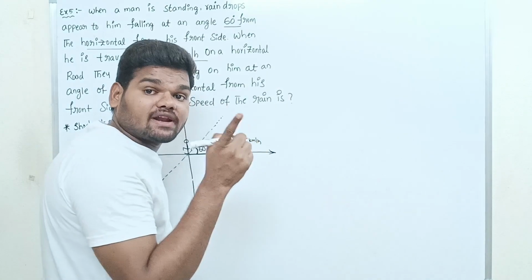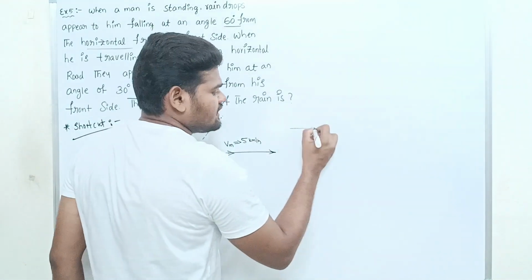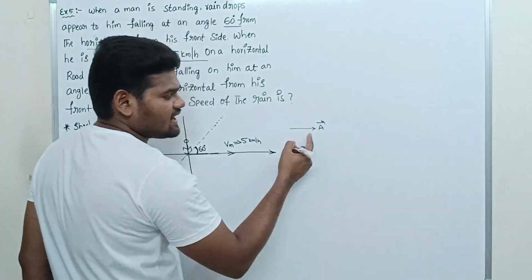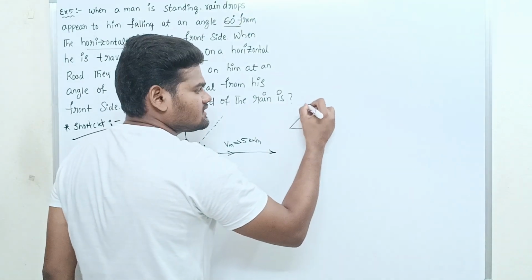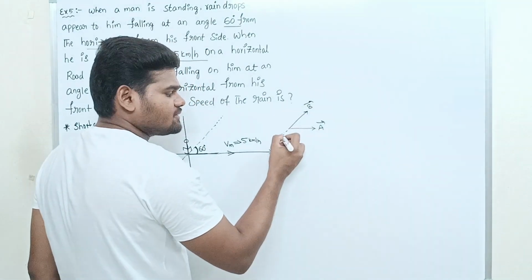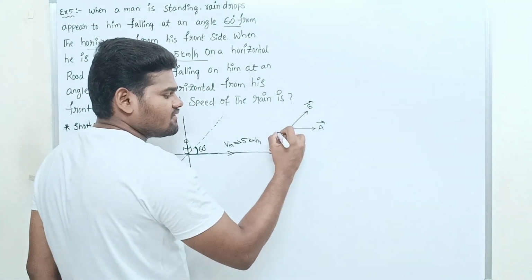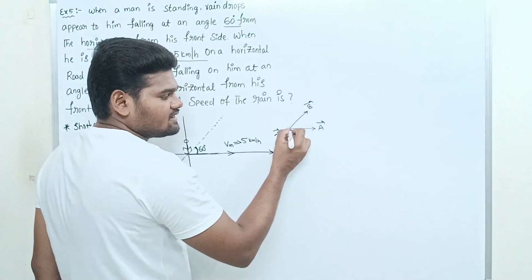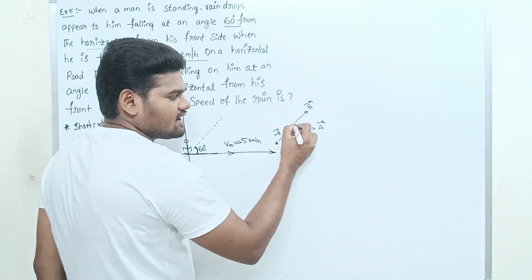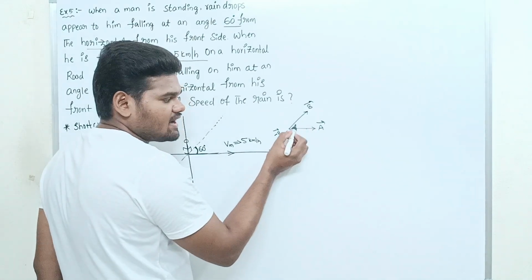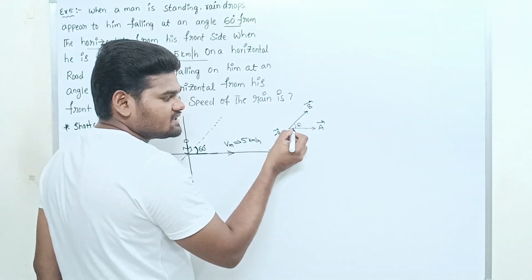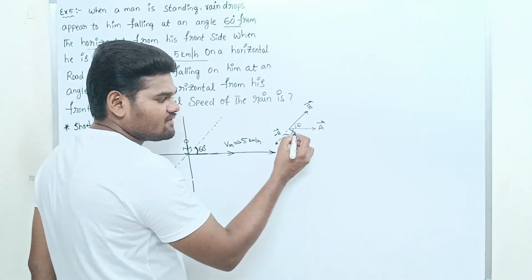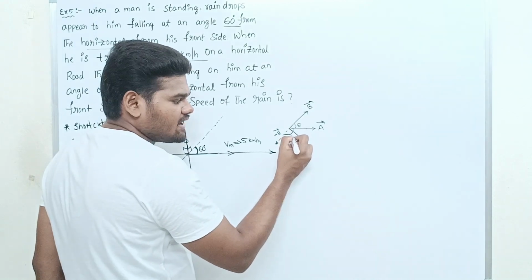Have a look. In subtraction of two vectors, I told you that if this is A bar vector and this is B bar vector, and if you want to find the subtraction, we just have to take the negative vector for B bar. Then the resultant: initially, the angle between A bar and B bar vector is theta. Now, what is the new angle between A bar and B bar vector? 180 minus theta.